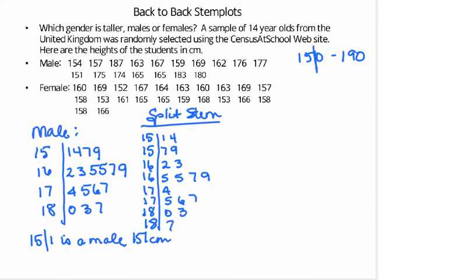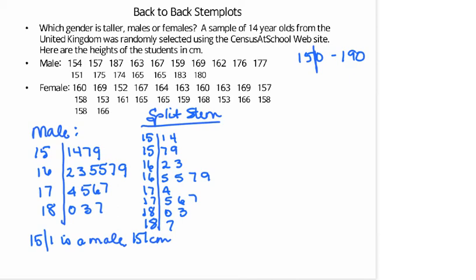That gives us a much clearer indication of where most of these values tend to be. We could see that 16 is our biggest group, but it's really over the 165 mark where we're right in the middle. So split stems can be beneficial because they just give us a little bit more.